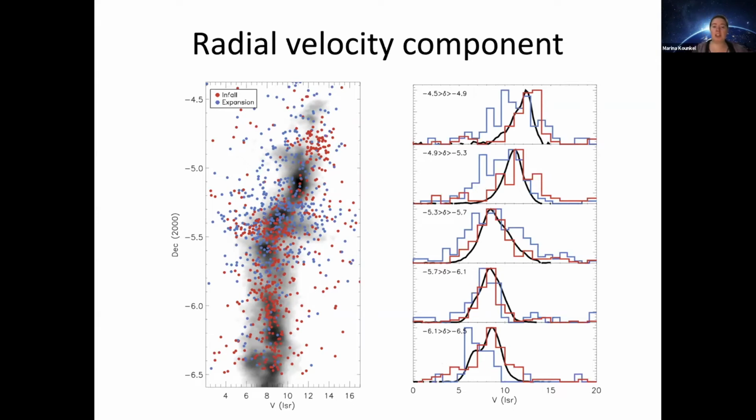But on the other hand, the sources that are moving away from the cluster center not only have a wider velocity dispersion, which is particularly apparent here, but they also can be slightly offset from the gas. This suggests that the formation mechanisms for the stars moving towards the center and the stars moving away from the center are slightly different, in that the stars that are moving towards the center are still infalling and probably still have more primordial velocities, whereas the stars that are moving away have been dynamically processed in some way.